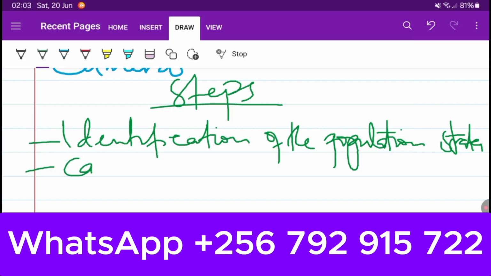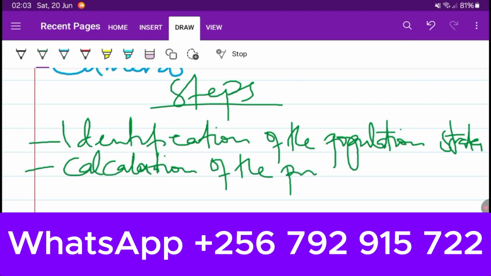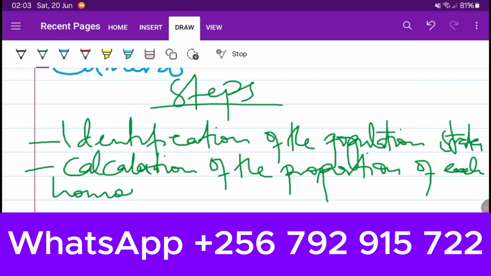Then two, do the calculation of the proportion of each homogeneous segment. It would be very hard for you to put maybe 20 in one segment, then you put maybe 10 in the other segment.